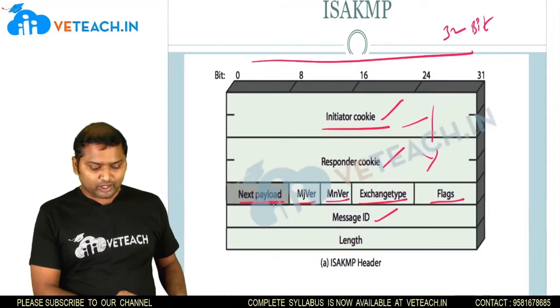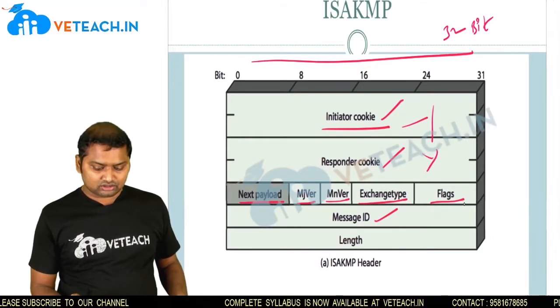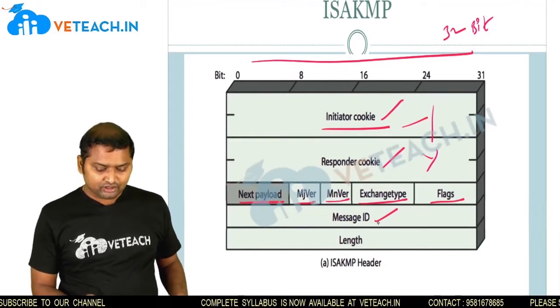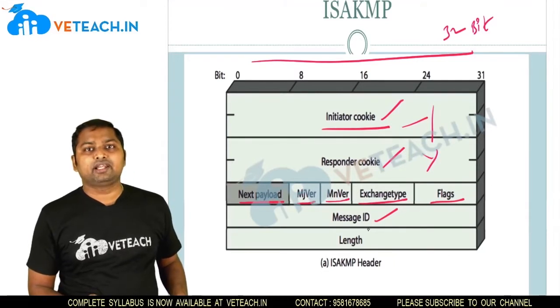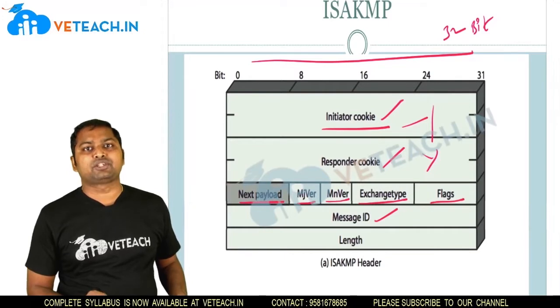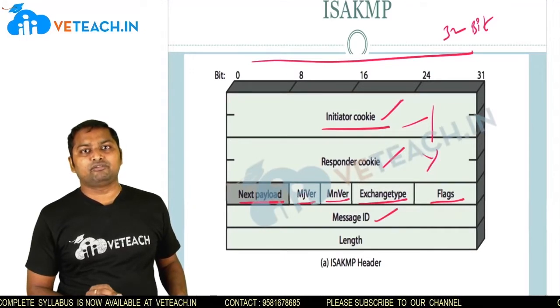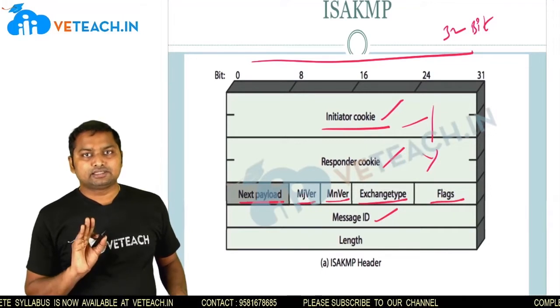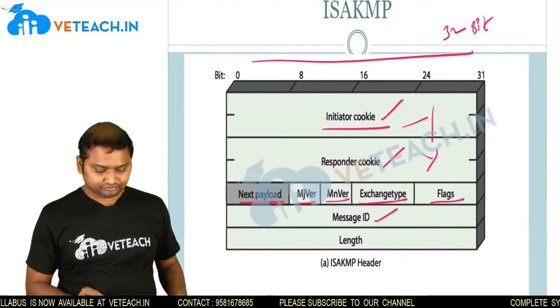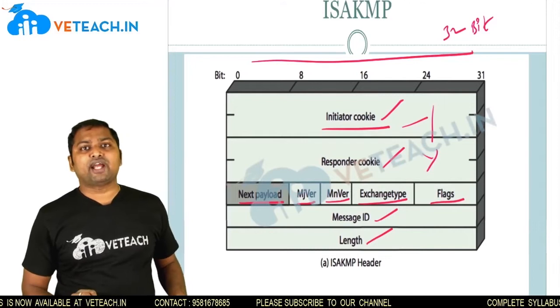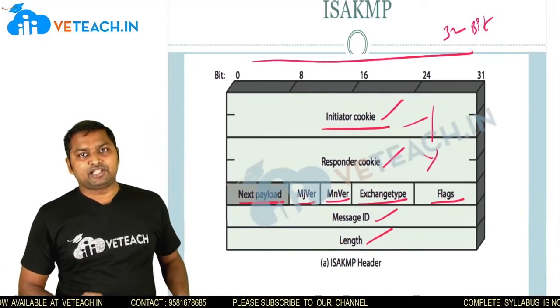Once you are providing all these fields, you have to assign an ID to the total message. Based on this message ID, the receiver will know that the message was sent by the sender, and you have to find out the length of the message.